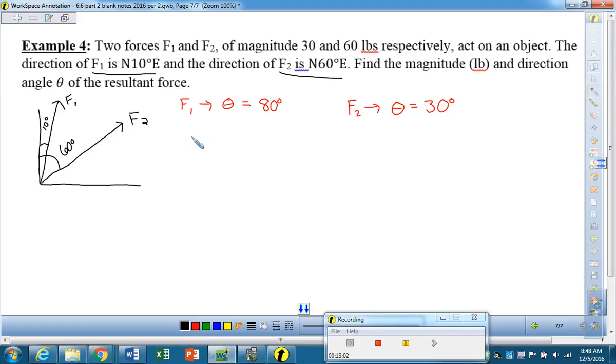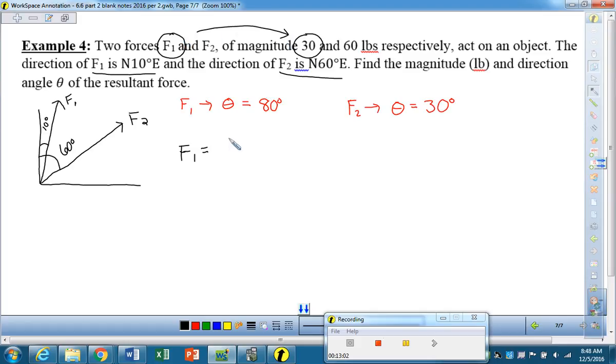All right, so we're going to start by writing an ij vector to represent these forces separately. We're going to use what we did on the front side of writing our vector in terms of its magnitude and direction. We already know the direction in terms of an angle theta. The magnitude would be the amount of force, the amount of pounds acting. And so force 1 has a magnitude of 30.